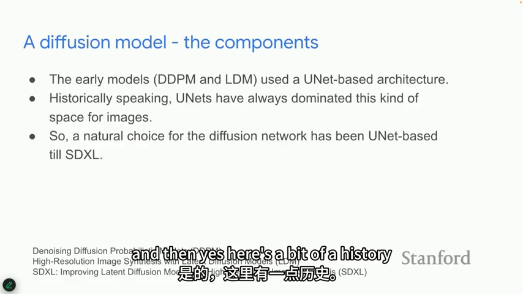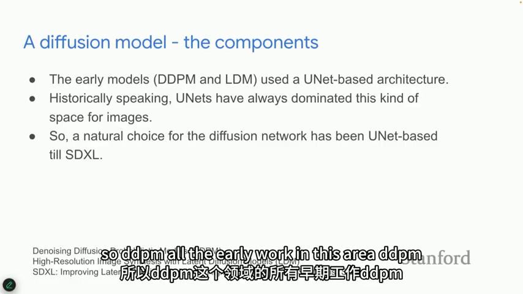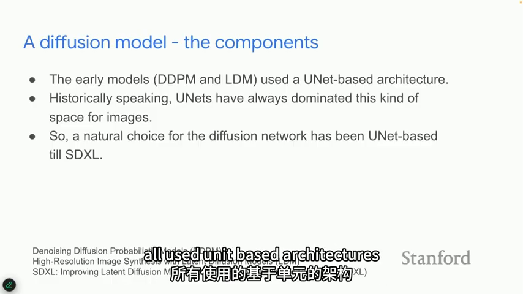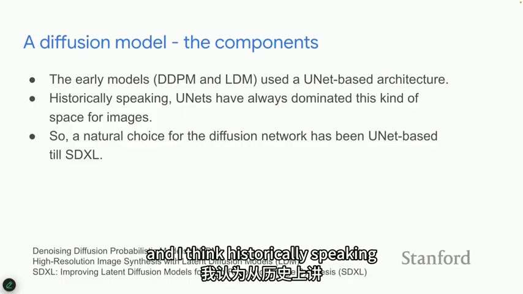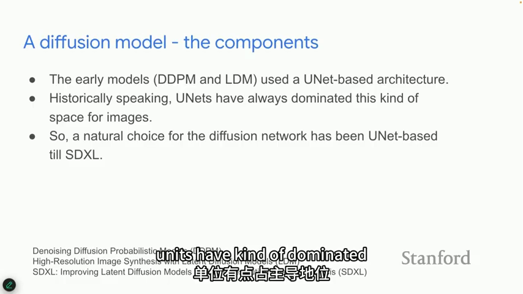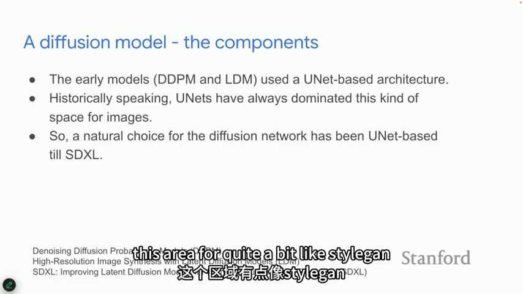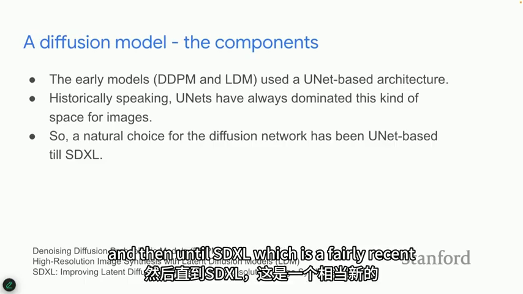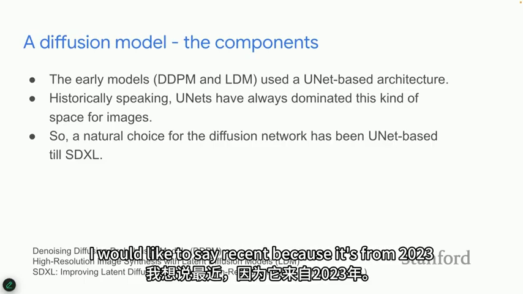And then here's a bit of history. DDPM, all the early work in this area, DDPM, latent diffusion models, they all used UNet-based architectures. And I think historically speaking, UNets have dominated this area for quite a bit, like StyleGAN. They all had a UNet-based architecture, right? And then until SDXL, which is fairly recent, I would like to say recent because it's from 2023.